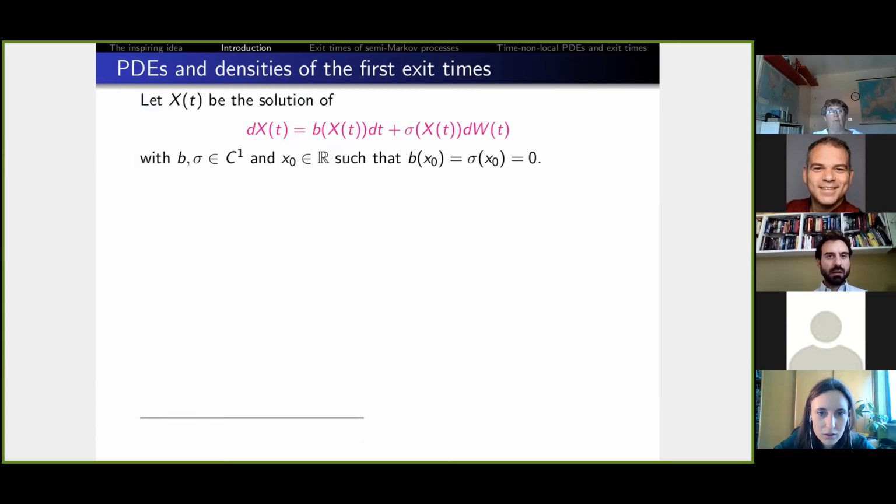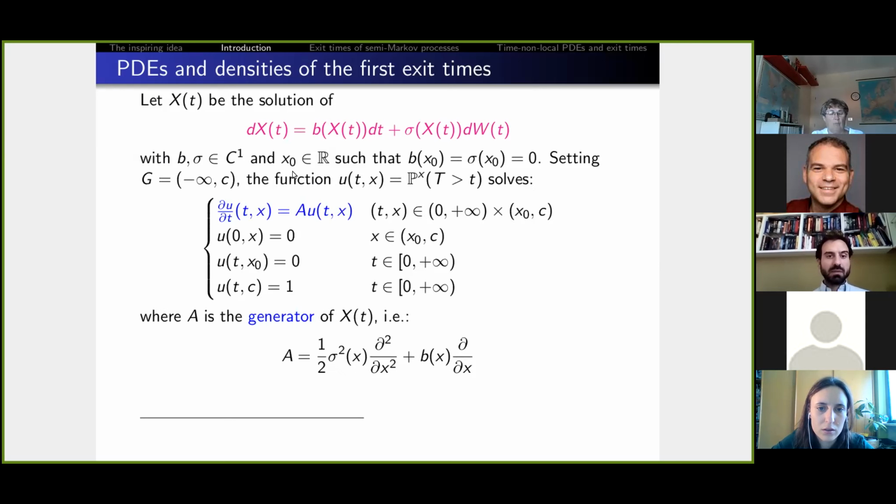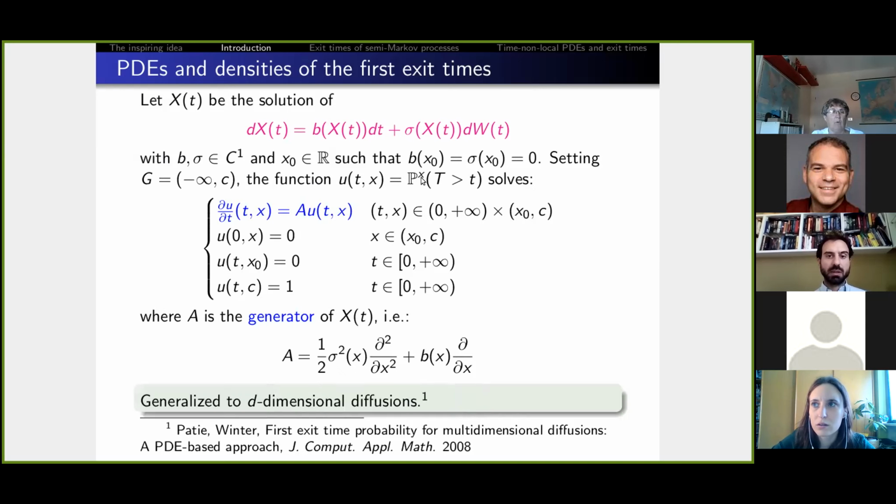In general, if you take a Markov process associated with an SDE, so processes having this form, with continuous paths, the survival function conditionally on the point x satisfies a PDE.